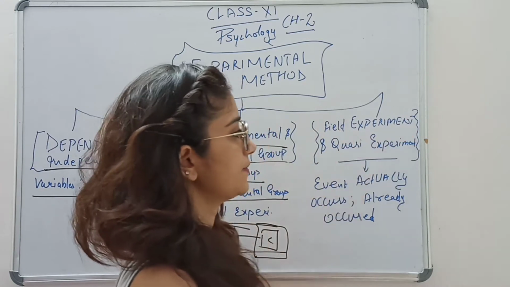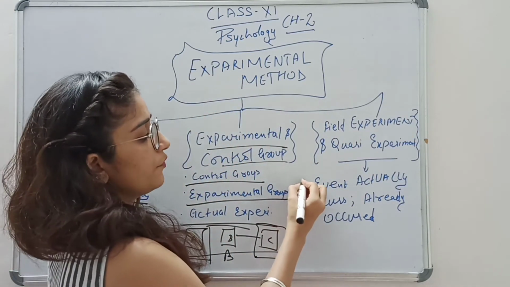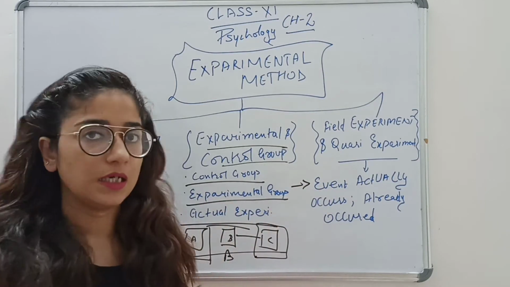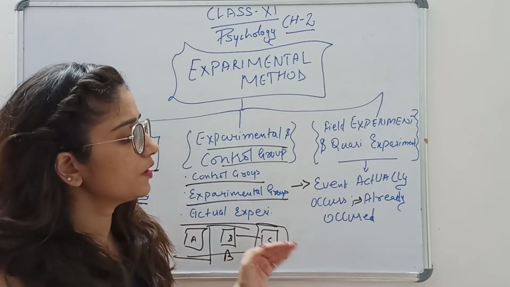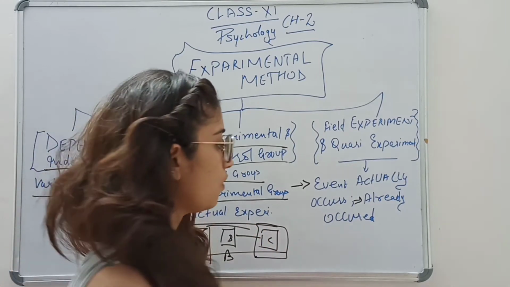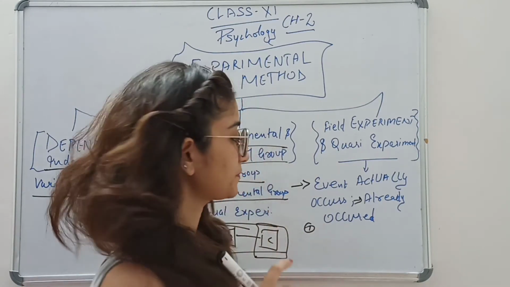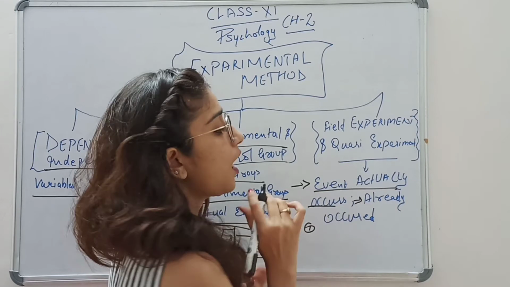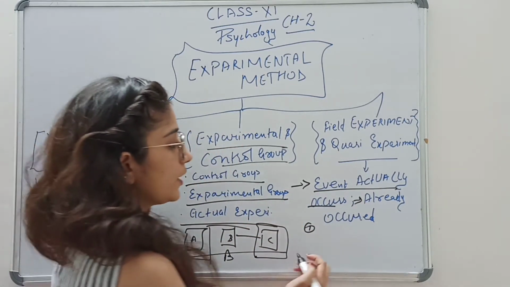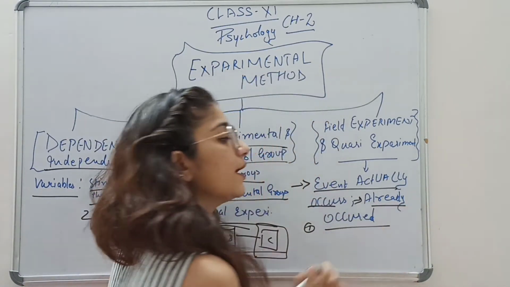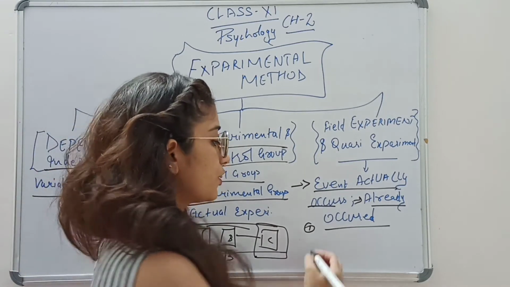Now field experiment and quasi experiment: one is where the actual event is occurring, and the second is where it has already occurred, meaning the actual event has been completely done. Okay, in the first one, where the actual event is occurring, अभी at present वो चीज occur हो रही है. Okay, and second, already occurred, which has been completed. For example, your result.